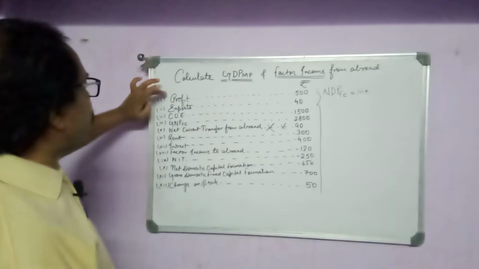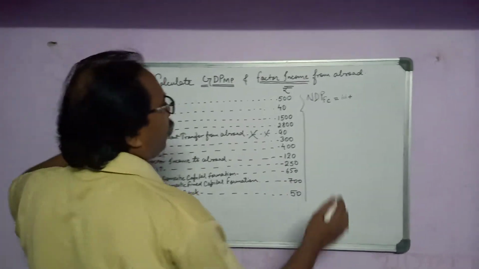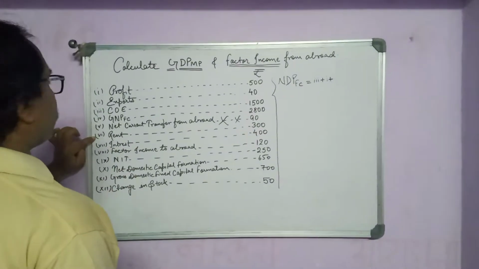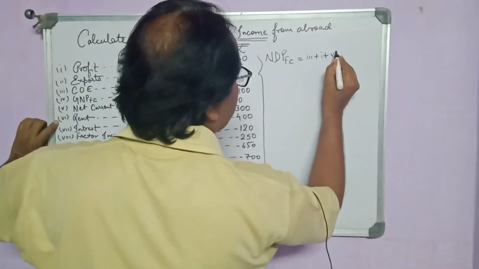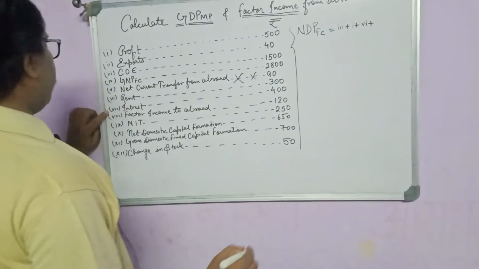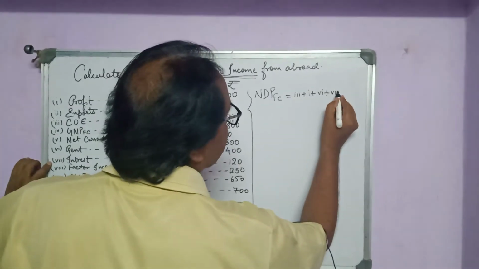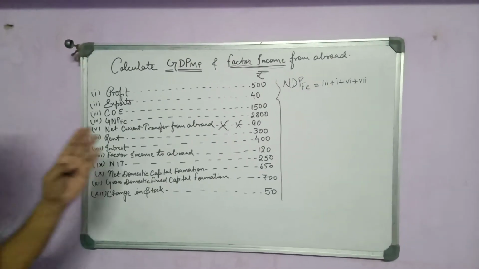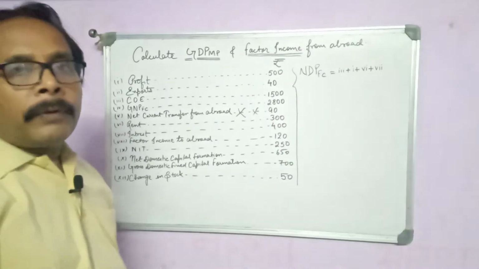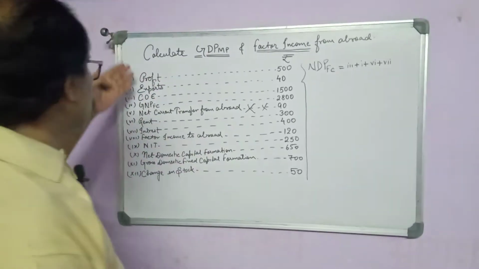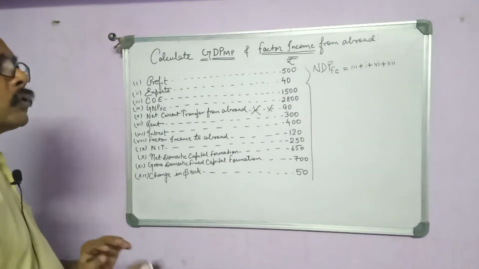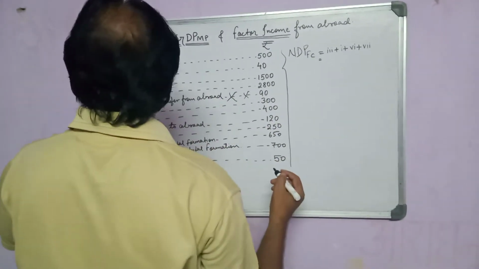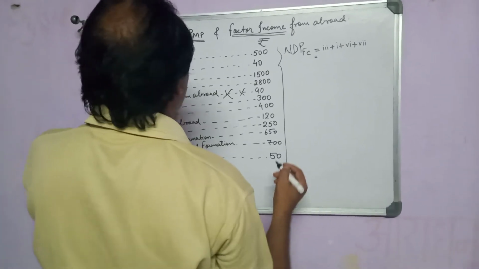Here 3 are given. First the profit, point number 1, plus rent, given at point number 6, plus interest, given at point number 7. Third component is the mixed income of self-employed, which is not given in our data, so we do not touch it.